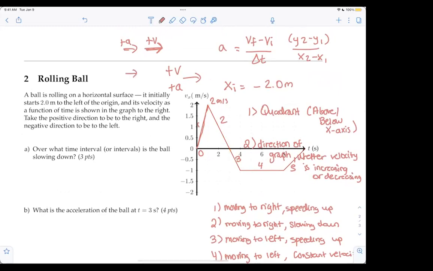So my velocity is positive for that section, but according to the slope, my acceleration is negative, so it's in the other direction. Think of it as if you were running to the right and someone's pushing you to the left. If someone's pushing you opposite the direction of your intended motion, you're slowing down. If I'm running towards someone and someone's holding me back in the opposite direction, I'm going to be slowing down.